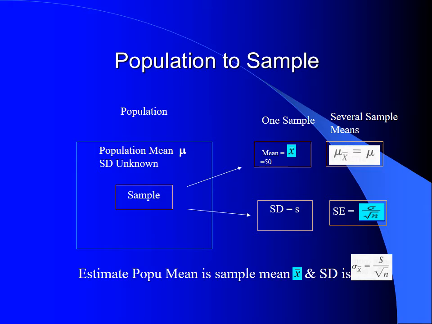This is the population standard deviation. Now we know the population mean, and we have no population standard deviation, so we can estimate it with the formula sigma, SD divided by the square root of n.